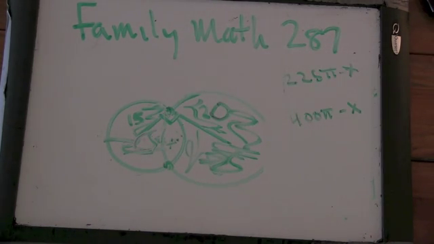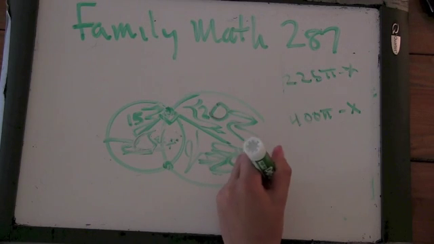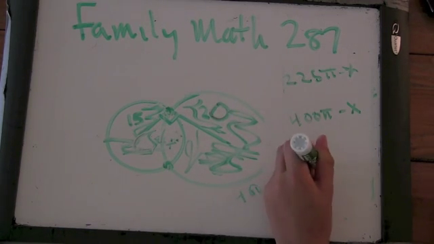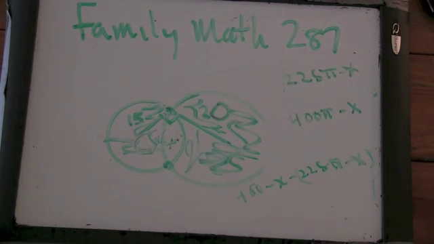All right. So the difference of the areas would be 400 pi minus x minus the quantity 225 pi minus x. Is that the difference between the non-overlapping areas? Did I get the parentheses right?